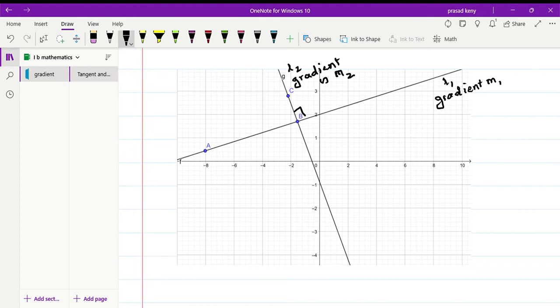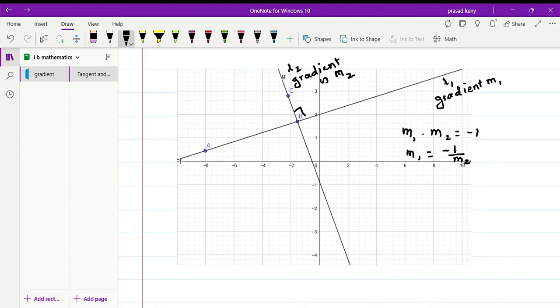So what will be the relationship between these two gradients? If the two lines are perpendicular, then the product of their gradients M1 into M2 is -1. Or I can say that the gradient of one of these lines is the negative reciprocal of the gradient of the second line.